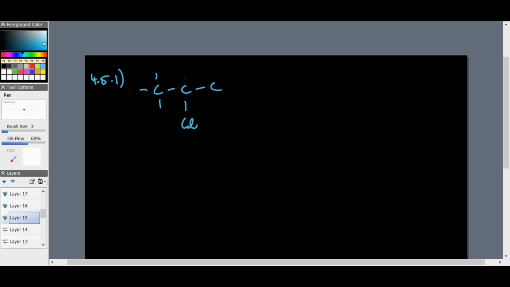And I'm going to leave these other branches blank for now because I don't want to waste time putting in the hydrogen. Now hydrolysis, we've got to react it with a strong base in the presence of OH. So we can either react it with sodium hydroxide, water, or potassium hydroxide. Okay, I'm going to write water, H2O.